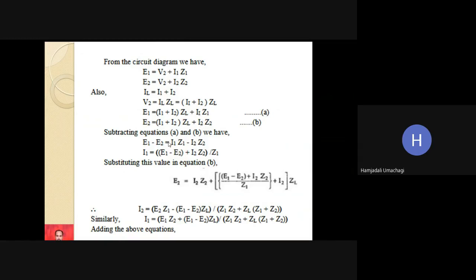So from this expression, we get the I1 value as E1 minus E2 plus I2 Z2, whole divided by Z1. This is the load shared by the first transformer, or the current supplied by the first transformer. I1 is equal to E1 minus E2 plus I2 Z2, whole divided by Z1.